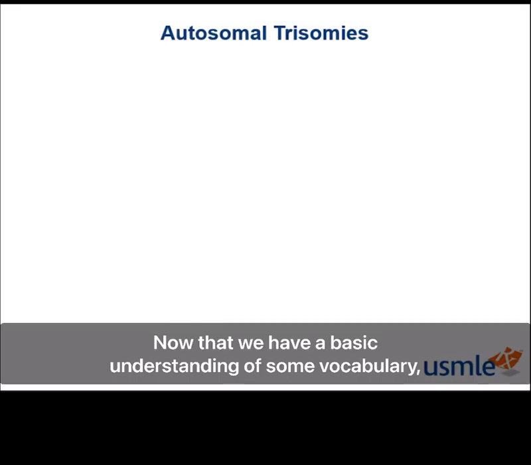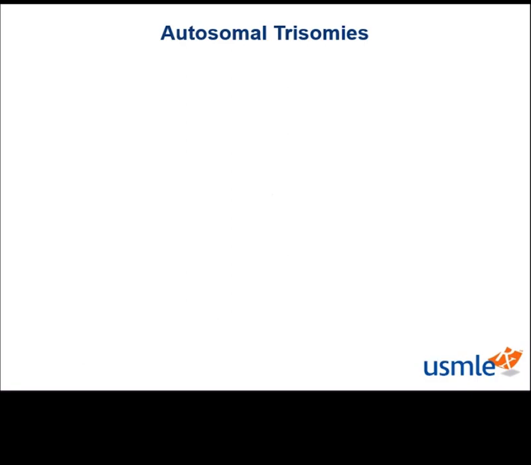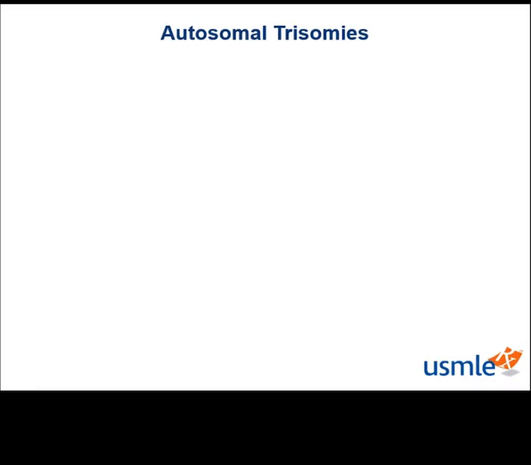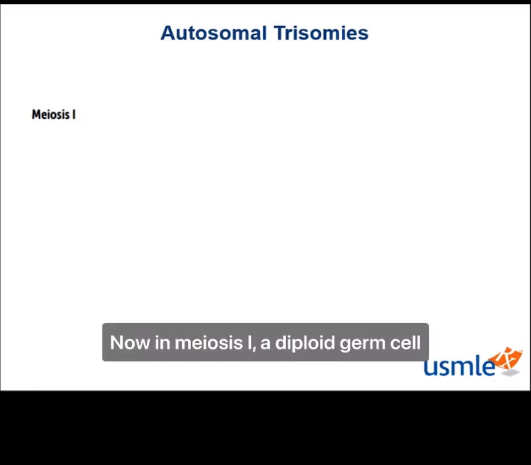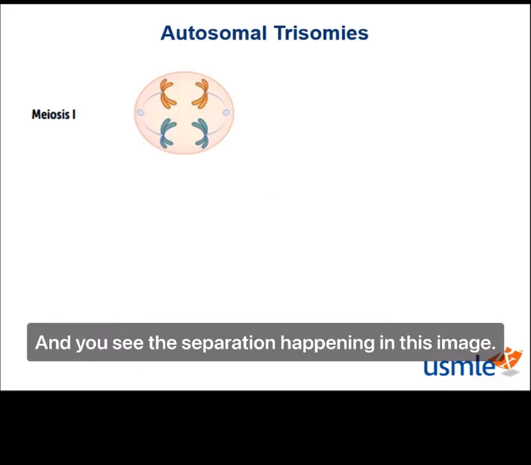Now that we have a basic understanding of some vocabulary, how would an autosomal trisomy occur? Well, we have to remember what normally occurs. Now, in meiosis 1, a diploid germ cell becomes 2 haploid cells, and you see the separation happening in this image.